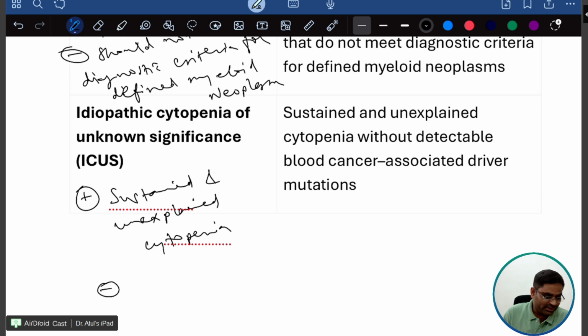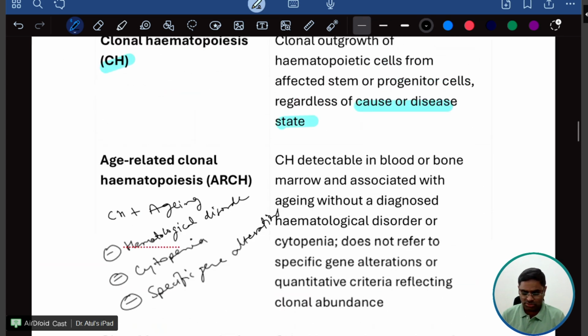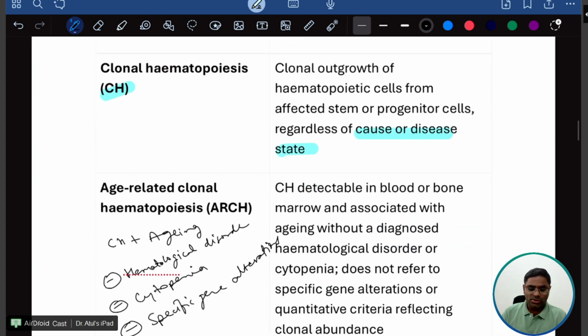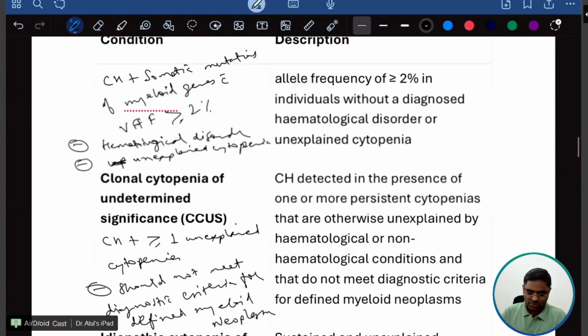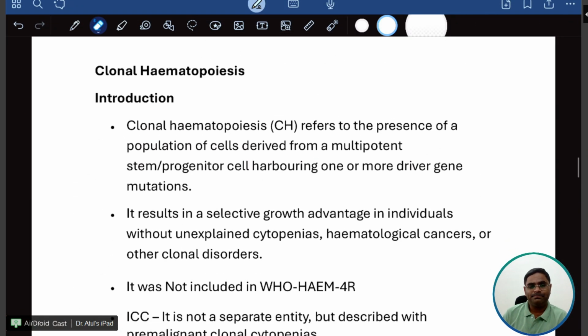So the negative finding is there shouldn't be any blood cancer associated driver mutation. So this was all about the terminologies used in this chapter. Now let us go through each of these one by one.